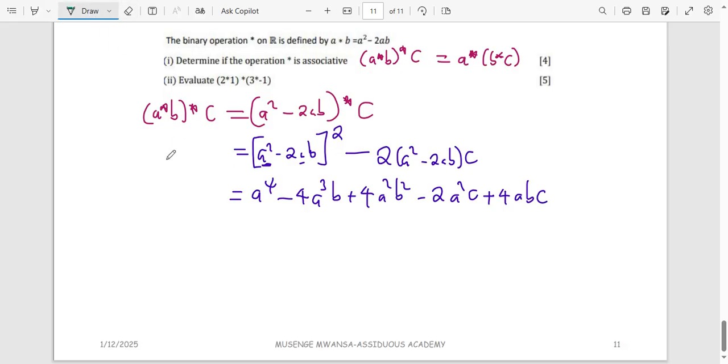Okay, so we have found (A star B) star C. The second thing we need to find is now A star (B star C).